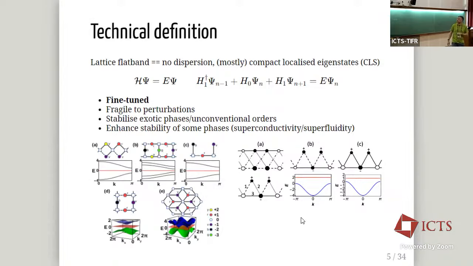They will prove to be very useful. One immediate remark is that obviously such bands are fine-tuned. You don't get it for just an arbitrary set of hoppings. You have to impose some constraints, and therefore they're fragile to perturbations.